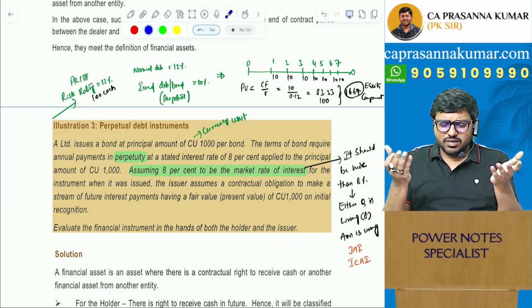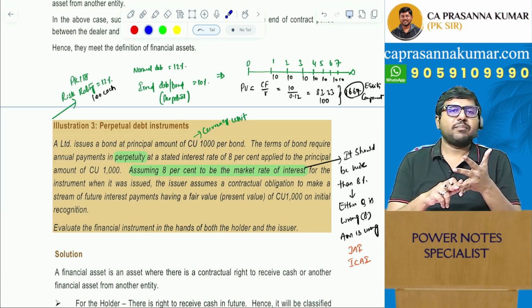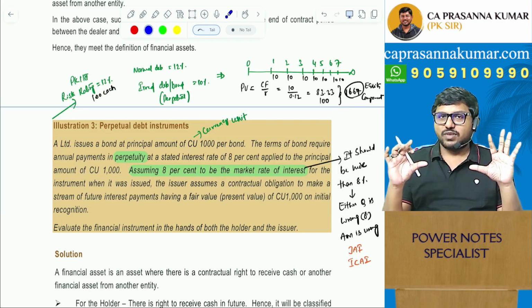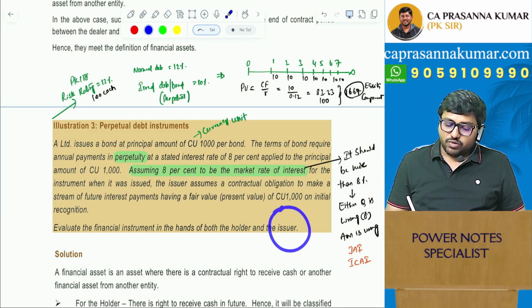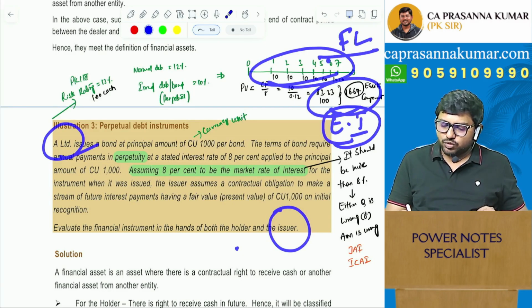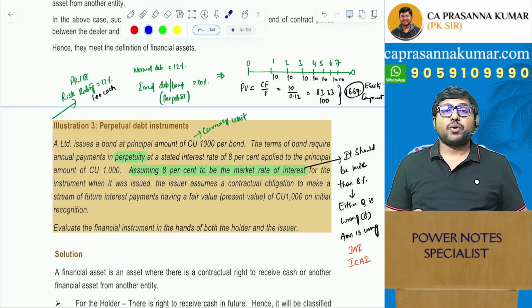Maybe you will redeem it either at the choice when A Limited decides, or during the liquidation of the company A Limited, probably he has to redeem. In that case, that particular portion will be classified as equity, or it is called an equity instrument. Therefore, from the point of view of the issuer, that is A Limited, the interest will be classified as a financial liability. The redemption will be classified as an equity instrument. So in one instrument, you have two things, financial liability and equity instrument. So we call this a compound financial instrument from the point of view of A Limited.